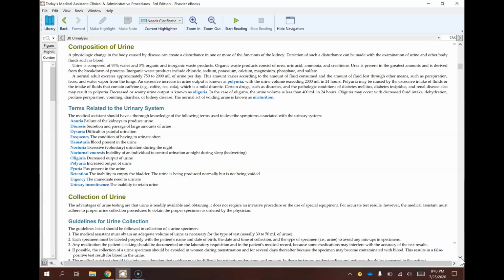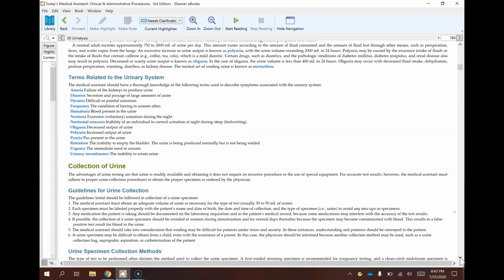And then that last word, which we did have as a terminology word, is micturition. That is simply the medical term for urination. These next words are repeated here, which we discussed earlier. They're words that you will become very familiar with.